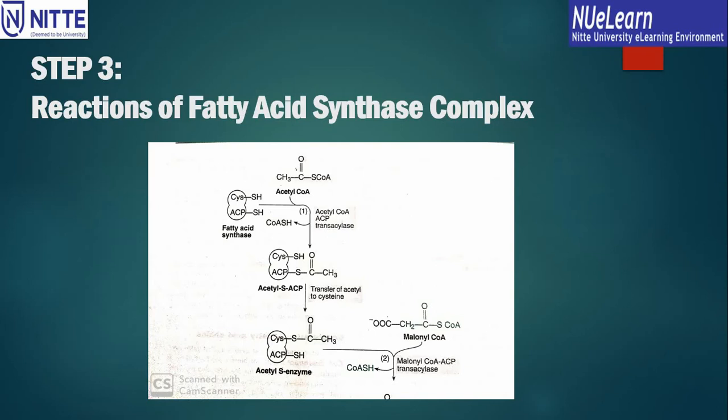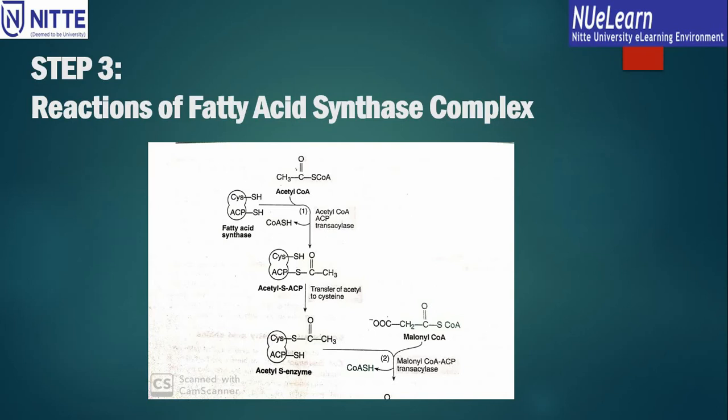That is why we represent the structure of fatty acid synthase for our convenience in the two-lobed form. In one lobe, the cysteine SH group is there. In another lobe, the acyl carrier protein's SH group is there, which is lying side by side.